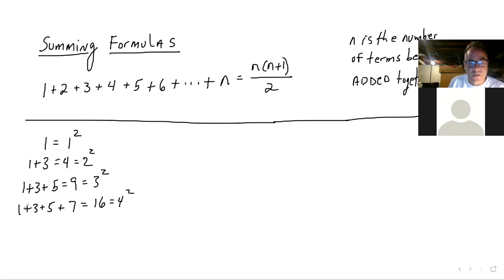Also note that in adding up consecutive odd numbers, starting at 1, if I add up the first 4, that is, I've added up 4 terms, or n is 4, the sum was n squared, or in this case, 4 squared. So I would predict if I add up the first 5 odd numbers, the next one would be 9, that this would be 5 squared.